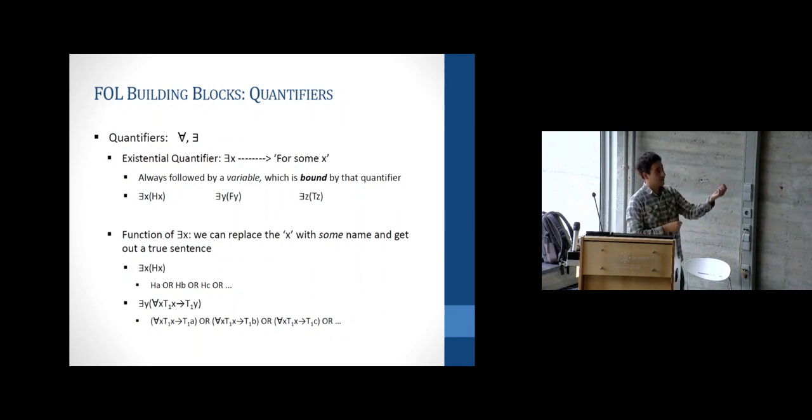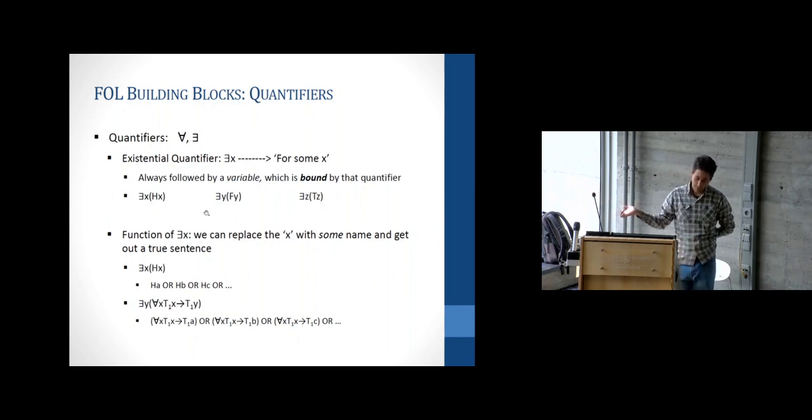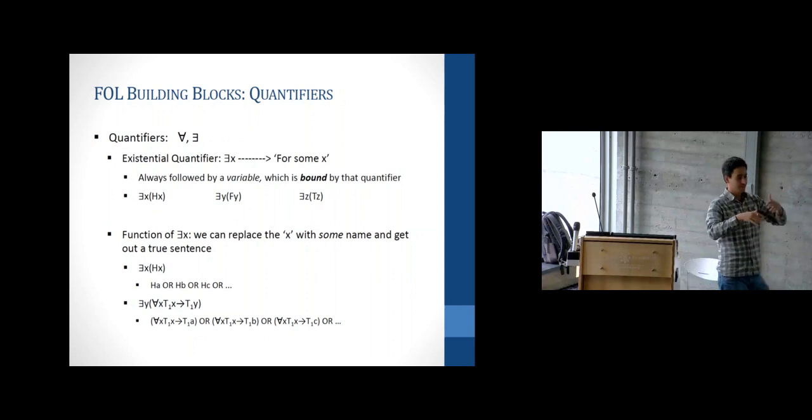The existential quantifier: if the universal quantifier says for all x, the existential quantifier says for some x. And again, we don't care about the number, we just mean there is at least one. Again, the same structure: if you see an x, it must be connected to either a universal or existential quantifier. If I'm saying some of you are from the Netherlands, then it means either you are from the Netherlands, or you are, or you are.